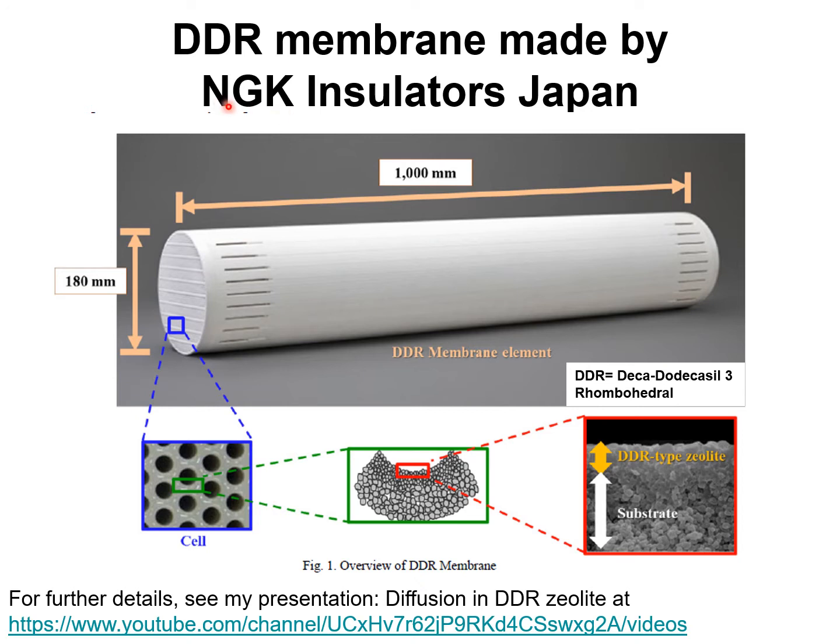The company called NGK Insulators in Japan offers membrane modules which have a monolithic structure, and the inner walls of the tubes are coated with a thin layer, typically about 20 micrometers in size.